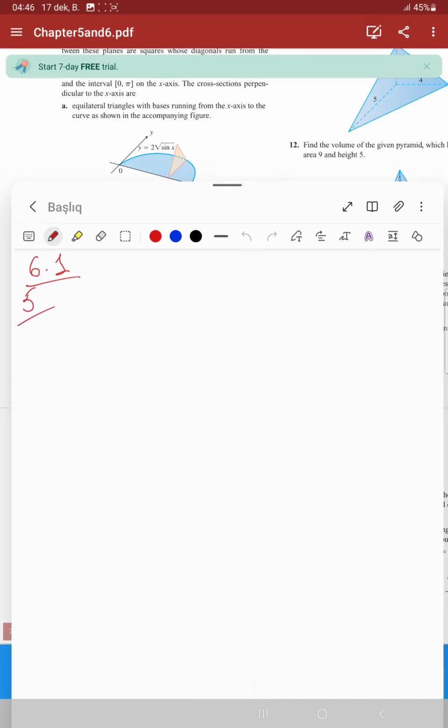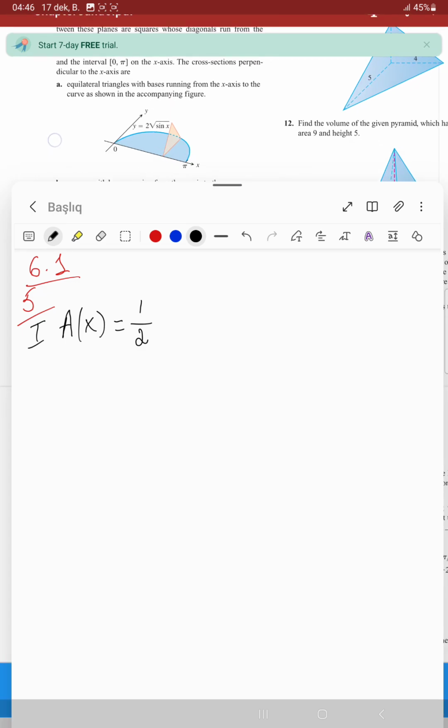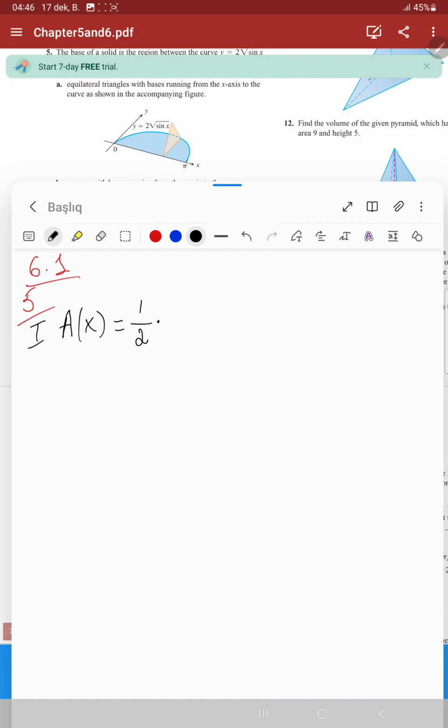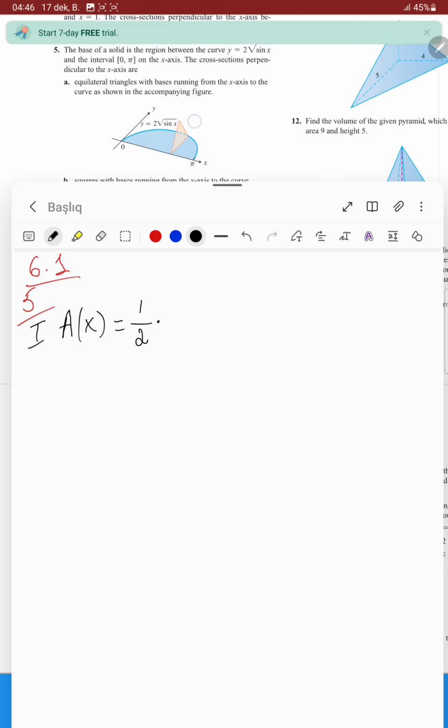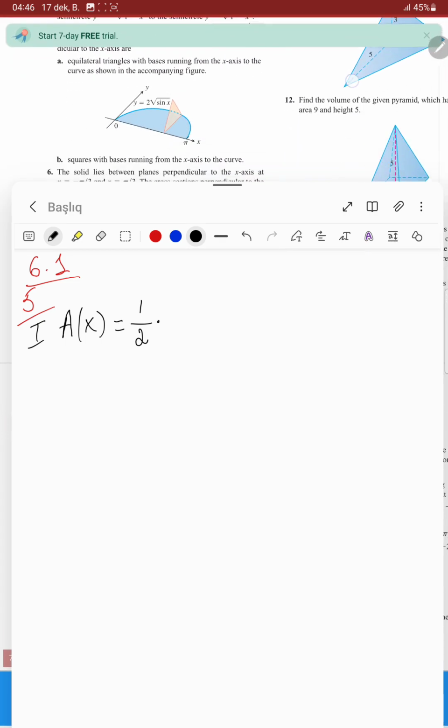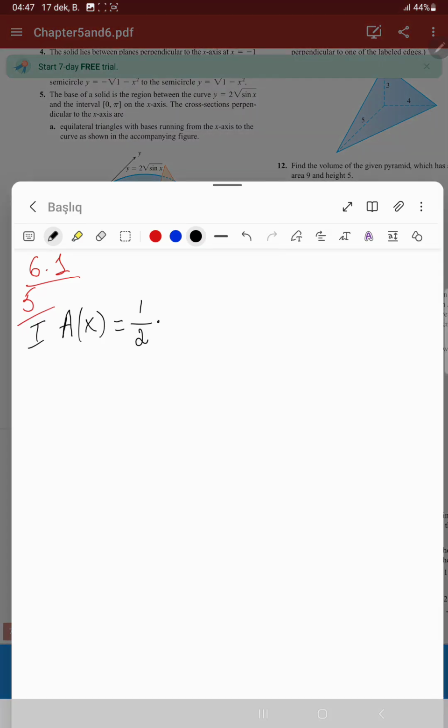We know how to find the area of an equilateral triangle, I think. Let's first find A(x). A(x) is equal to 1/2 times, let's say this side is a.